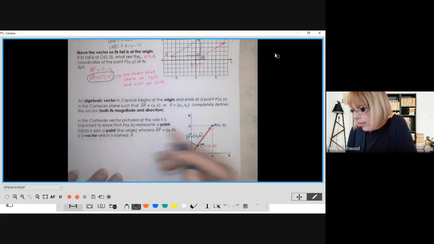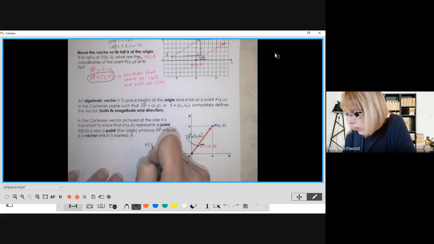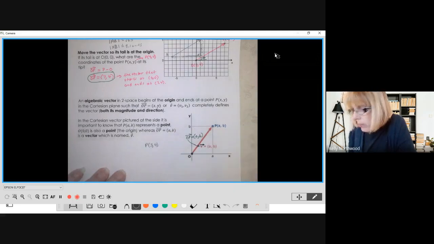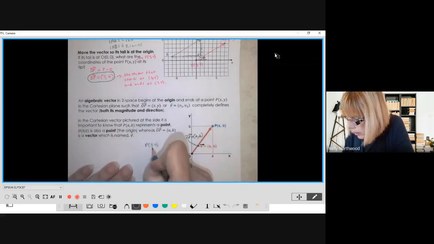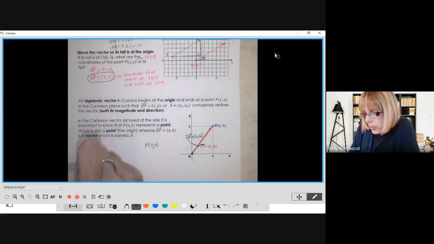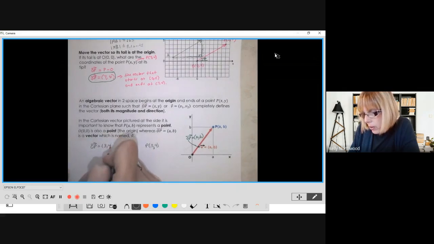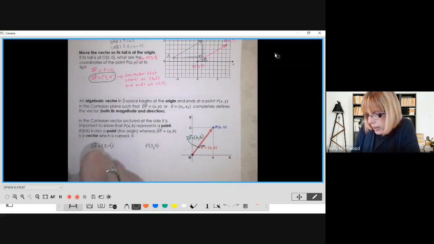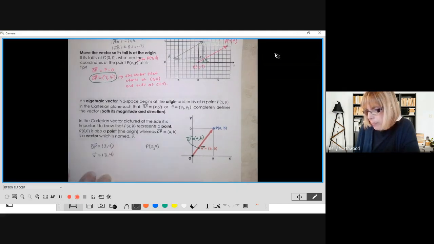Yeah, that's a good point as well. So if I was writing down the point (3, 4), that would be writing down (3, 4), with a comma in there. But if all of a sudden I want to write the vector ⟨3, 4⟩, I'm either going to use two capital letters with a vector symbol over top, or I'm going to use one small letter with a vector symbol over top and an equal sign between them.